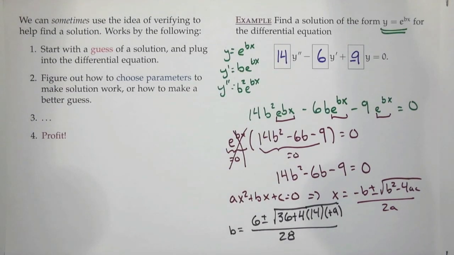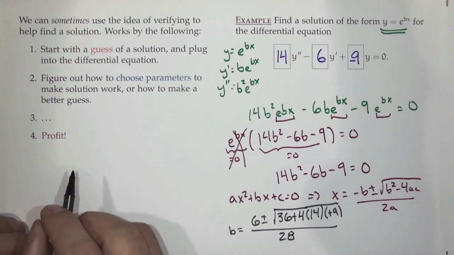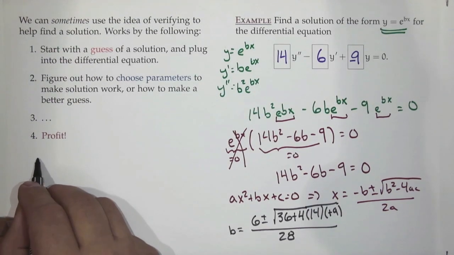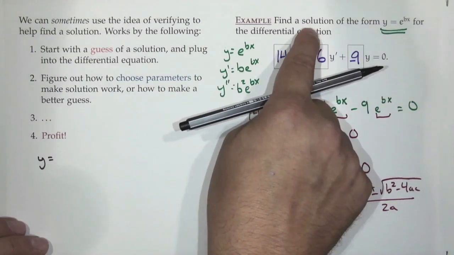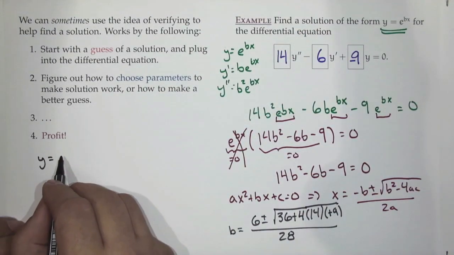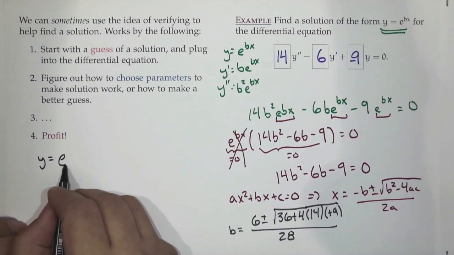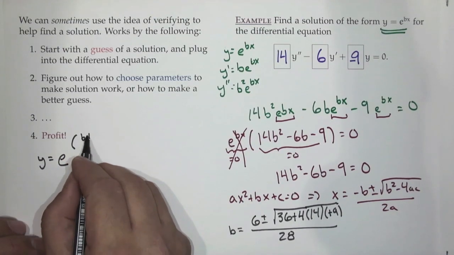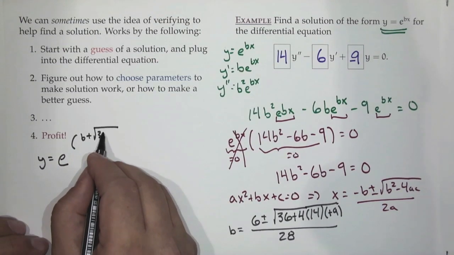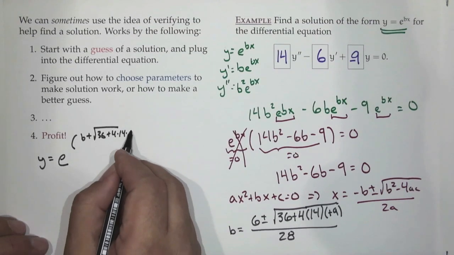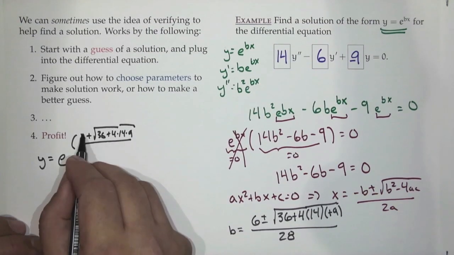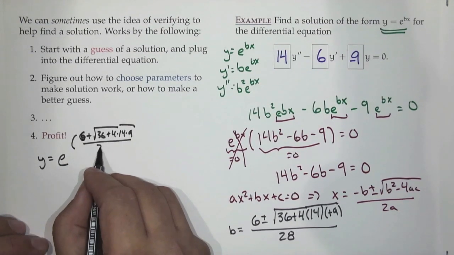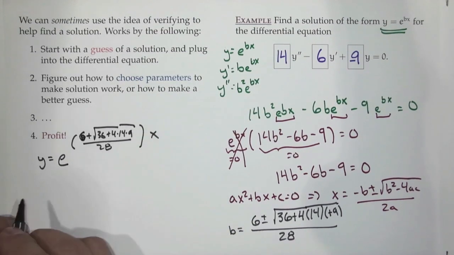I've been told that by experts. And so here we go. Our two solutions are, because it says find a solution. It doesn't say find b, it says find a solution. So it's y equals e to the 6 plus the square root of 36 plus 4 times 14 times 9, all over 28 x.